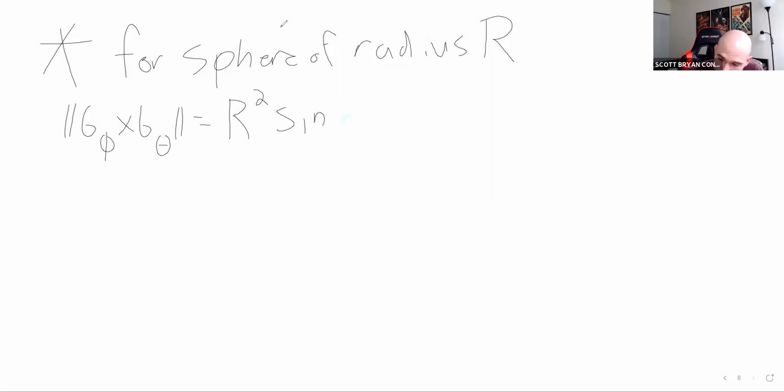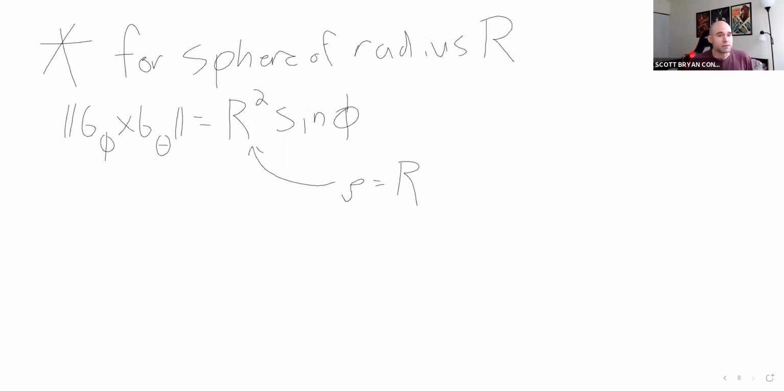And this is, in fact, easy to remember because we've already seen something similar to this. We've seen a rho squared sine phi when we convert dV becomes rho squared sine phi d rho d phi d theta. Here we get something similar, except it's R squared sine phi.